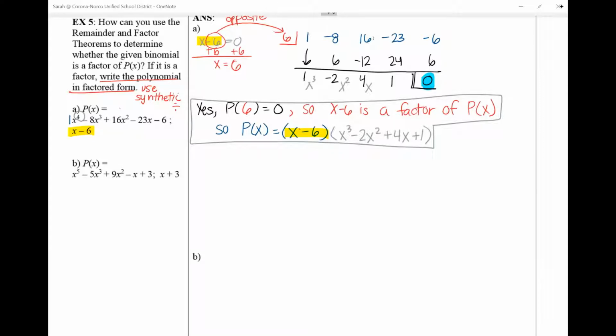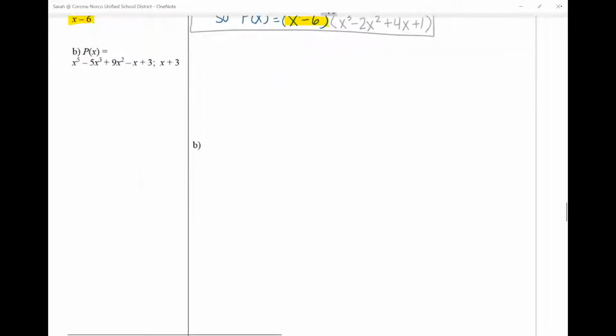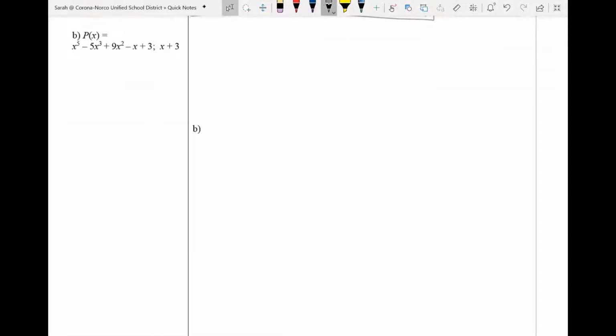So for B, we're evaluating P of x at -3. So since we have an x plus 3, I'm just going to bring this B up because I didn't need that much space. So this tells us that for synthetic, since that's a positive 3, we're going to have a -3 that we're using.